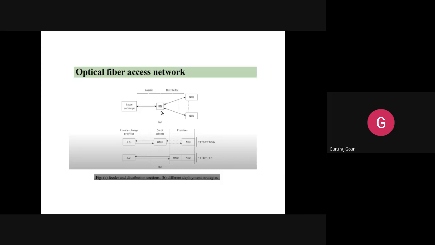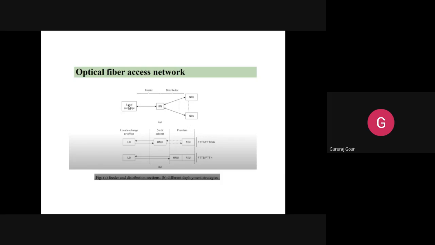Then it also consists of the RN, to which network interface units are connected. All network interface units come under the distributor or distribution section. Each NIU is going to connect different types of devices which support different protocols.